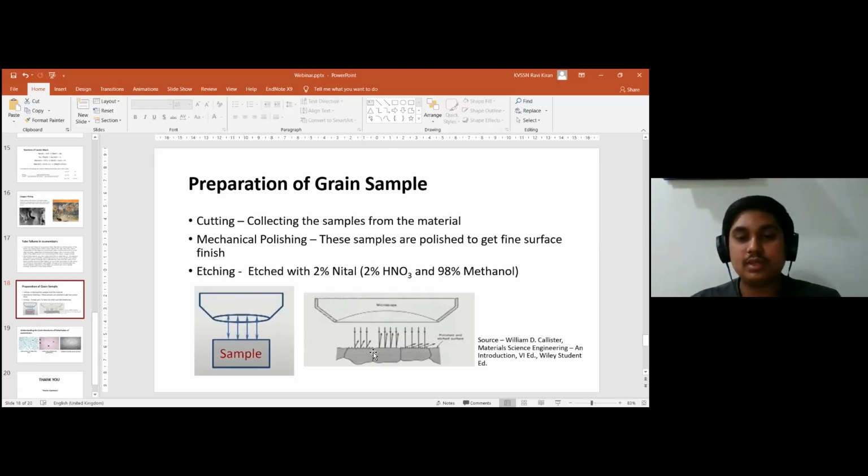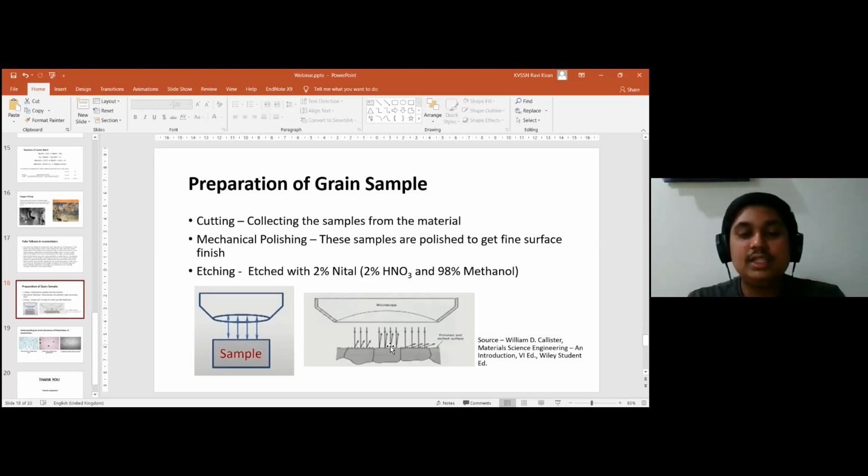So these reactions generally differentiate whether the grain is a ferrite or a pearlite. So what is ferrite? Ferrite is generally iron, and pearlite is a combination of iron and carbon, making it iron carbide.